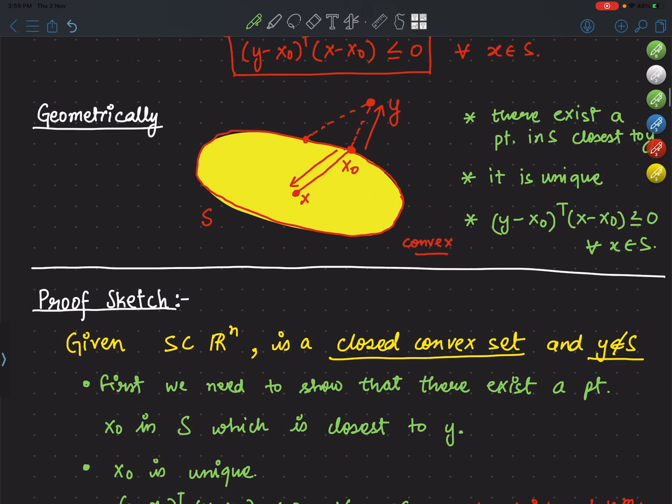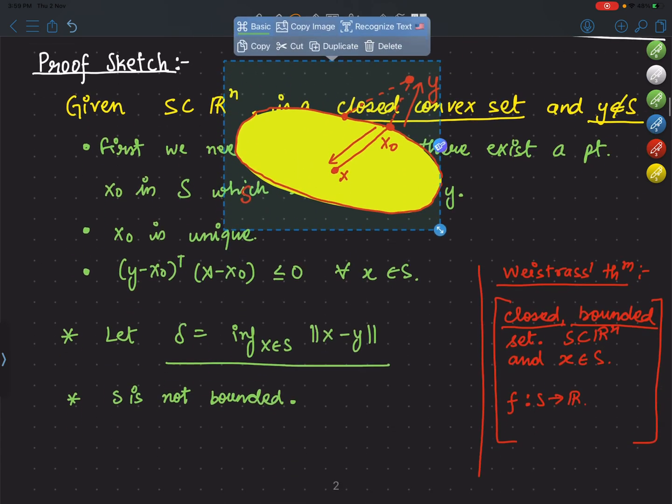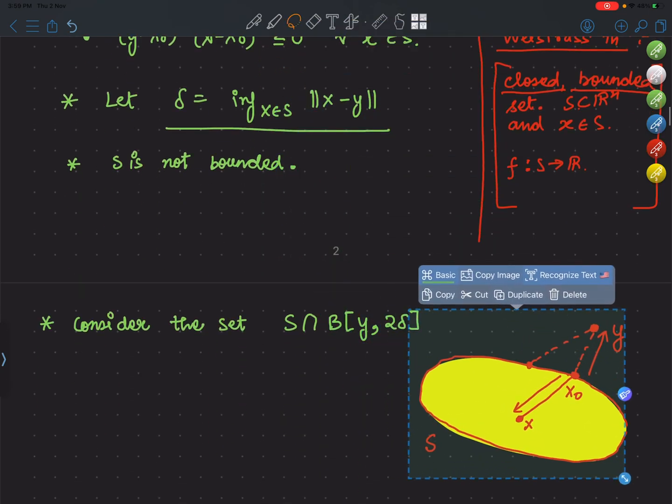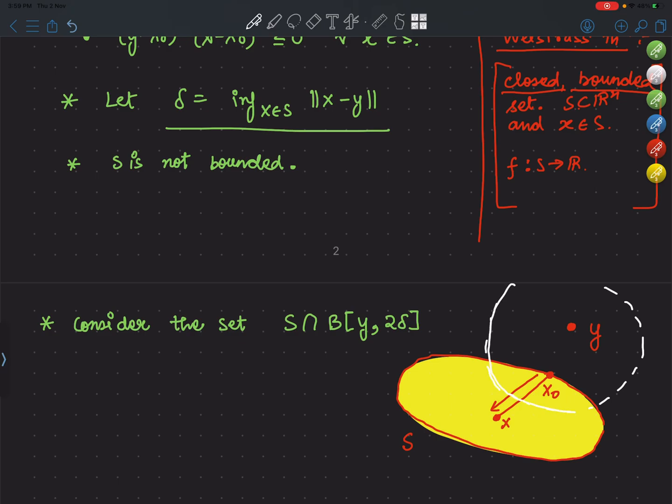Let me copy this diagram: we have a ball of radius 2 delta.